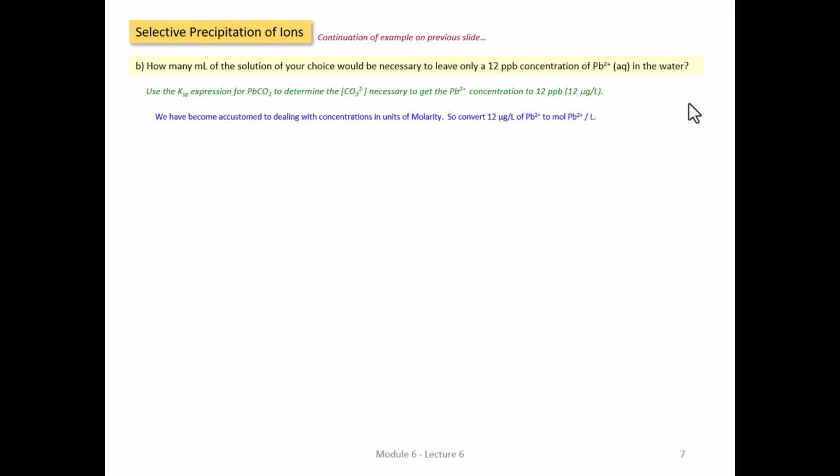We haven't worked in parts per billion or micrograms per liter in problems involving equilibria. We're used to dealing with mostly molar concentrations. So let's convert 12 micrograms per liter to moles per liter.